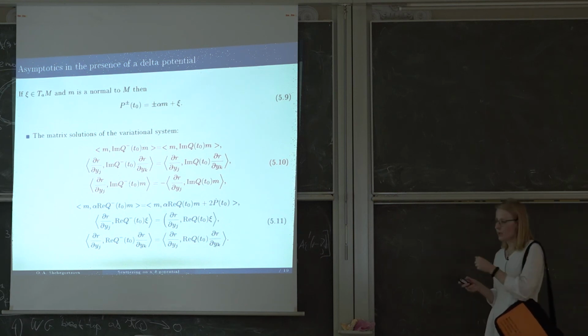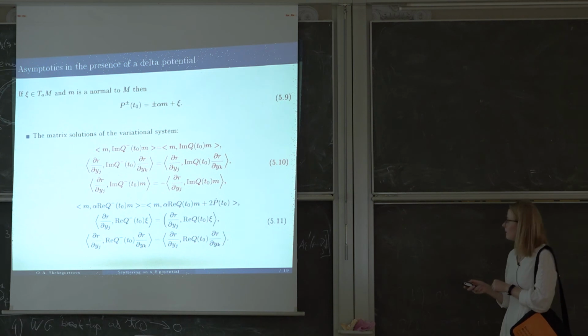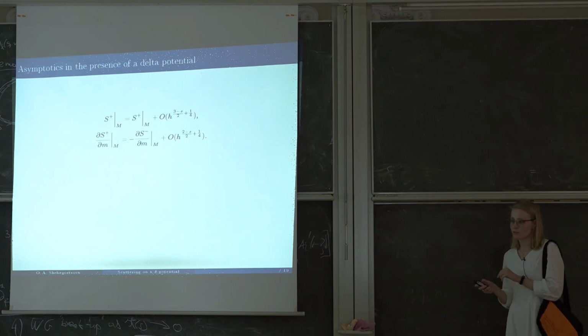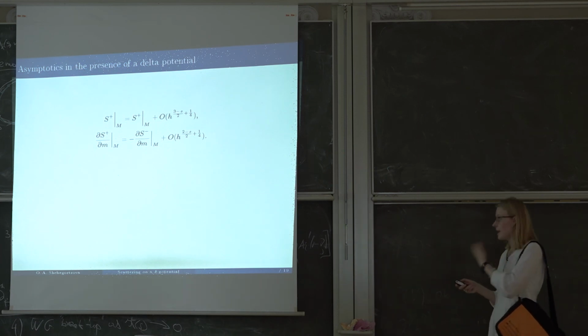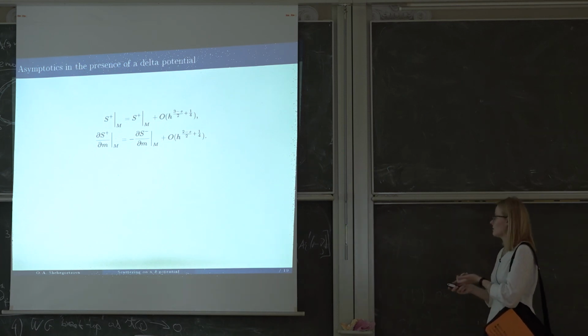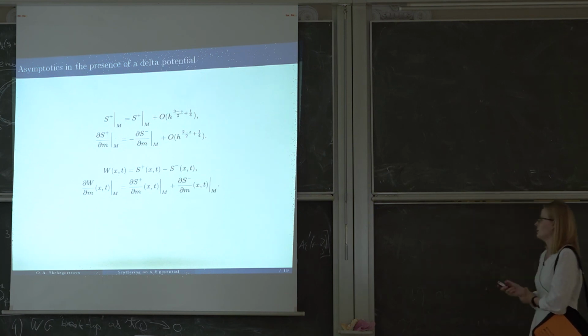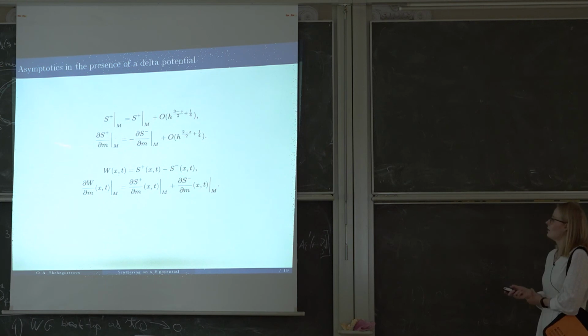But of course, because these solutions of the variational system and also the trajectories of the Hamilton system are defined at the point t0, these functions are not exactly right solutions of our equations. That's why we want to correct our phases. We will define the function W by these conditions.